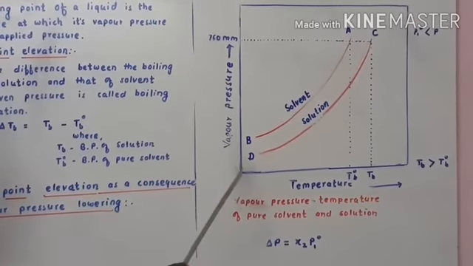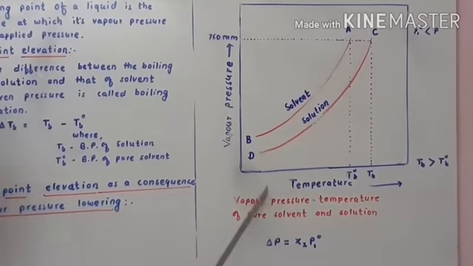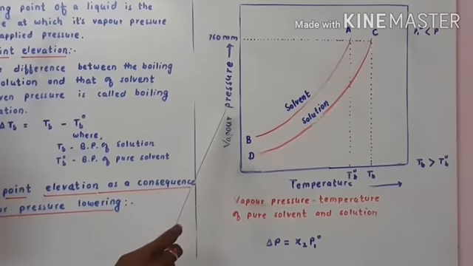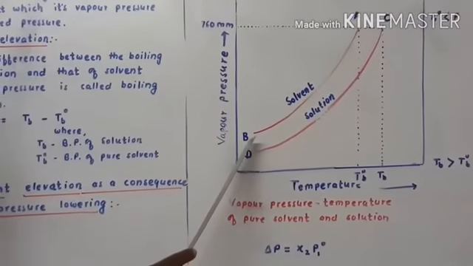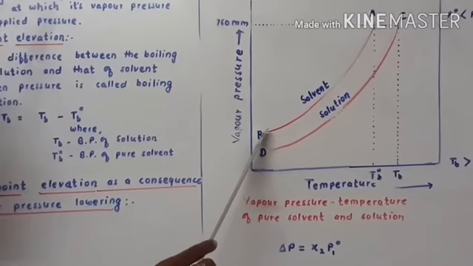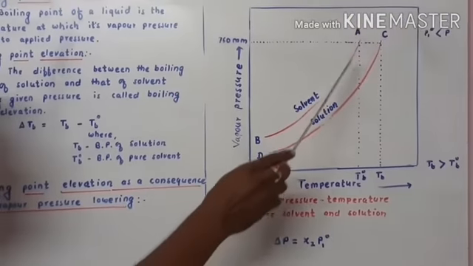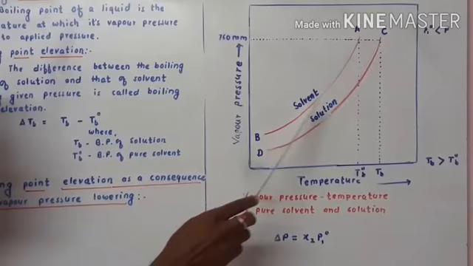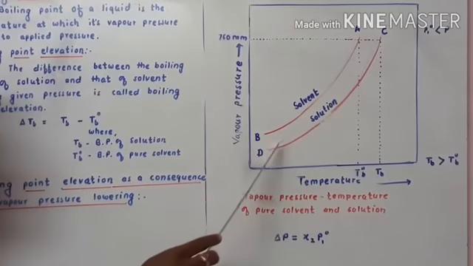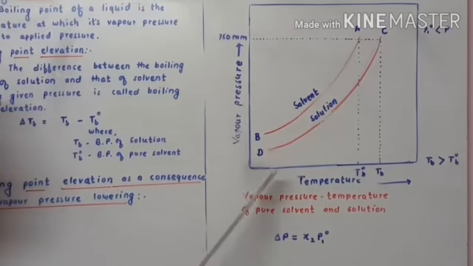Let us see here. A graph is plotted, temperature versus vapor pressure. Here two curves are plotted. The first curve AB is for the solvent and the second curve is for the solution.